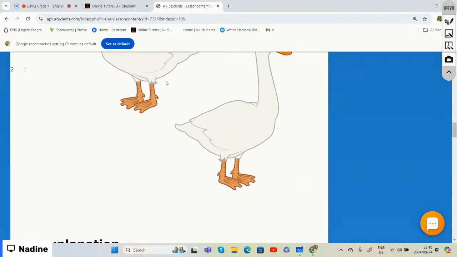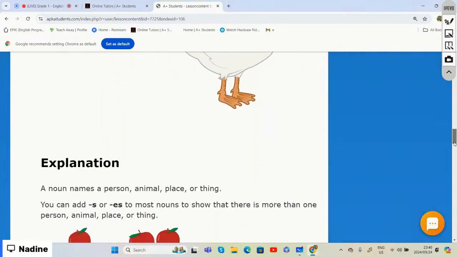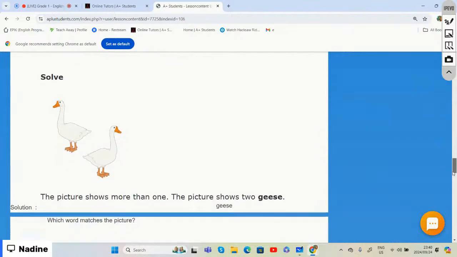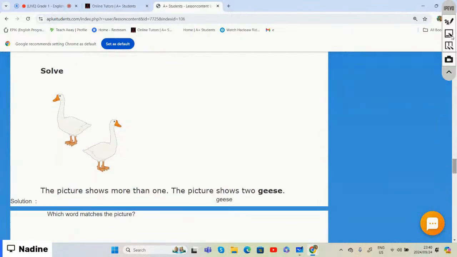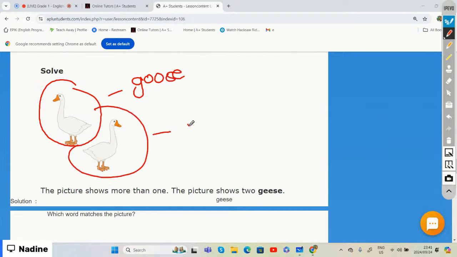Look at this picture. What do we call this little animal? And if we look at these two pictures, right, we have one goose, only one goose, but two geese.